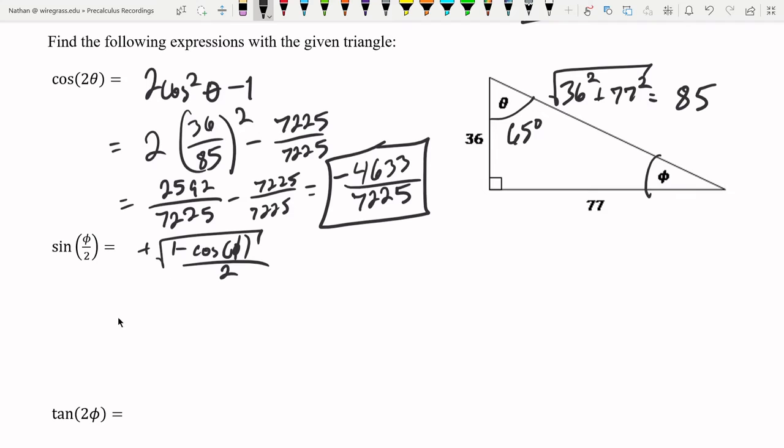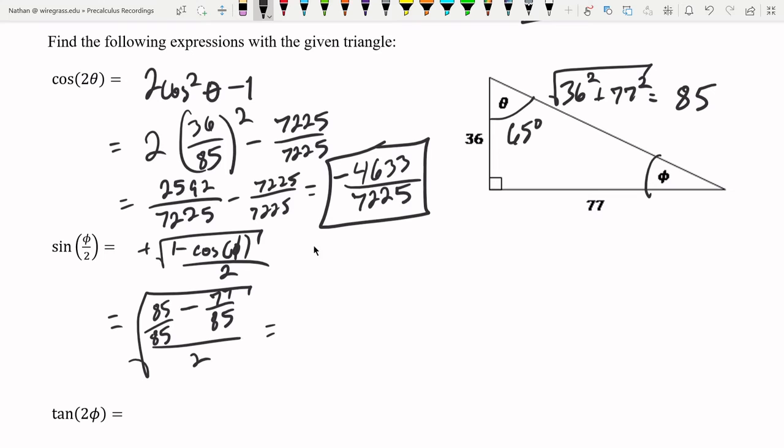So simplifying this, we're going to get cosine of phi. Cosine is going to be adjacent over hypotenuse. So 1 minus 77 over 85, all over 2, and the square root of that. So 85 over 85 is the same thing as 1. Minus 77 is going to be 8 over 85.